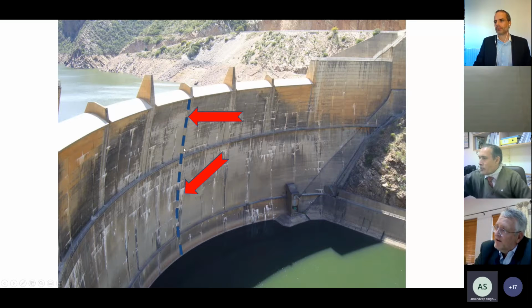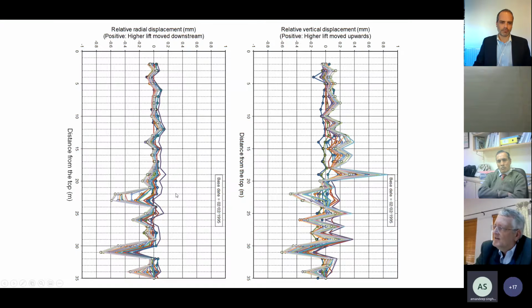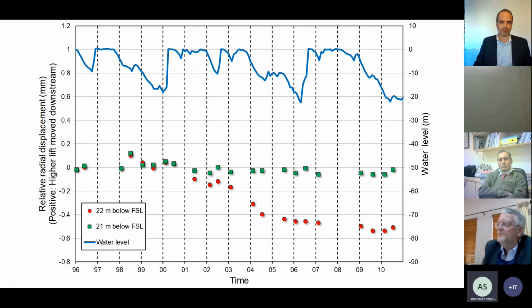We installed three-dimensional crack meters on each of the horizontal construction joints, and there you can see the opening. For that particular one, this is the upstream and downstream movement. You can see this distinct opening here in 2003. So what we saw there is that the joints really started opening up.